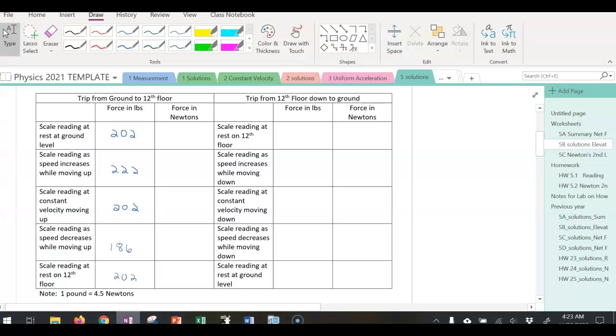I've recorded these observations in the table in this worksheet. Again, at rest on the ground, he weighed 202 pounds. Then the reading increased while he was moving up to 222 pounds.